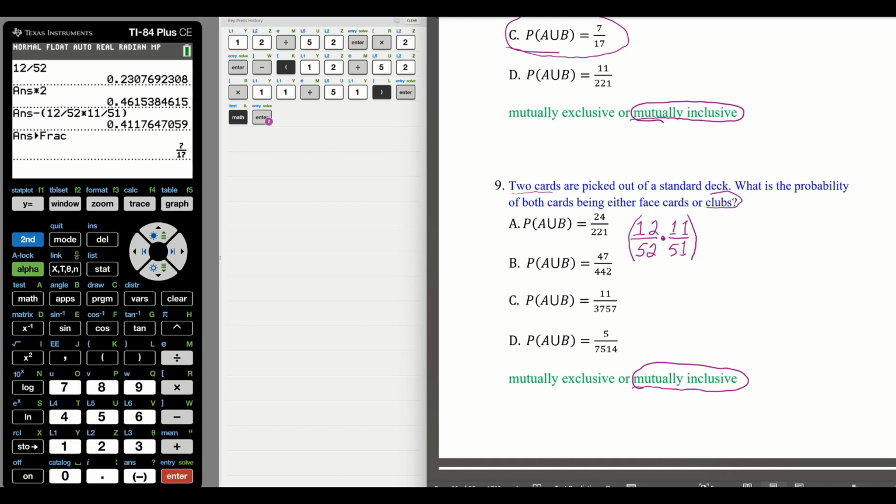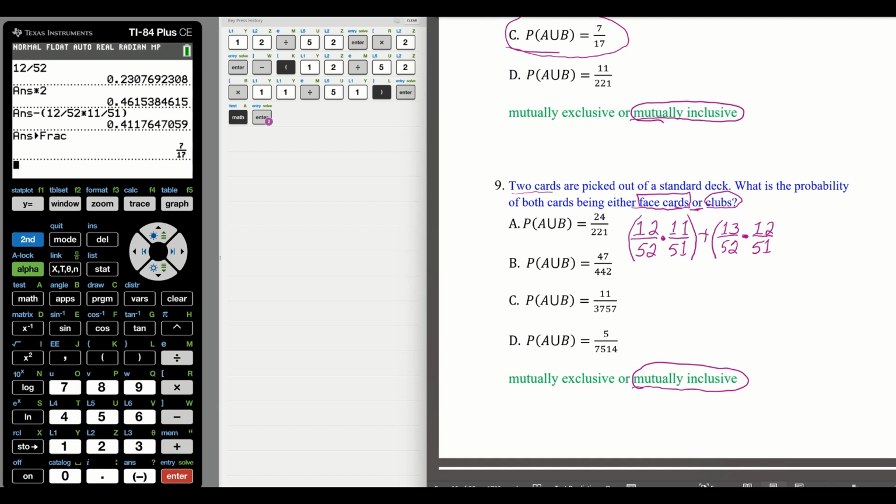But now we have clubs. We've done our face cards, so we're going to add clubs. We have 13 clubs out of 52. But we're pulling our cards out, two cards are picked, so that means we have without replacement once again.